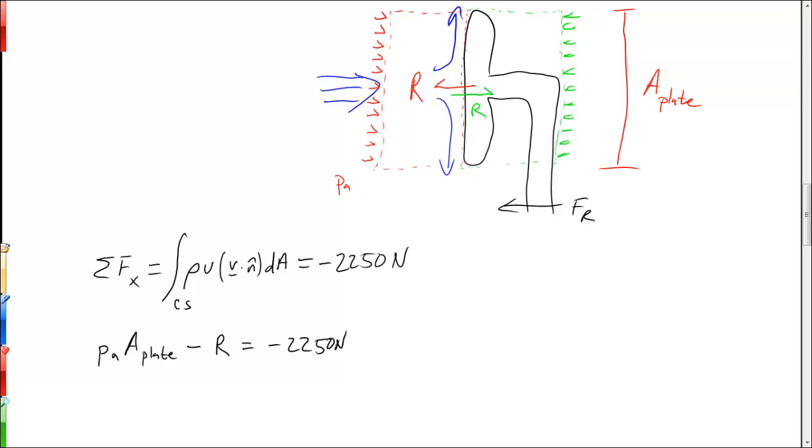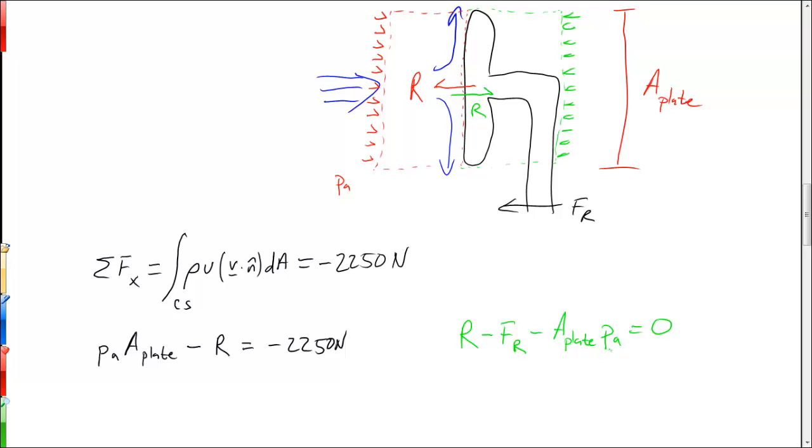And now we can sum up all of these forces from a solid mechanics point of view, if you will. And we see that R, which is to the right, minus F_R, which is to the left, minus A_plate times the air pressure has to be equal to 0, because the plate and its support are not moving at all.